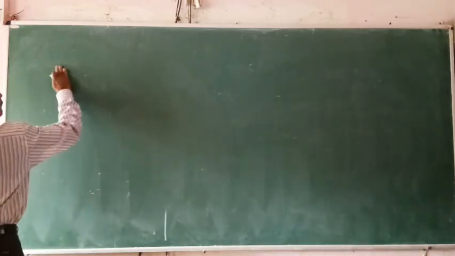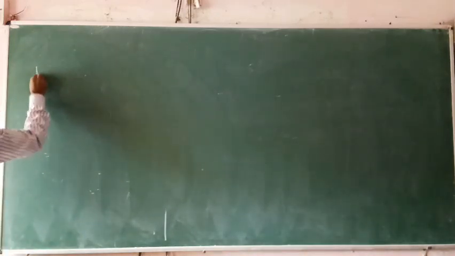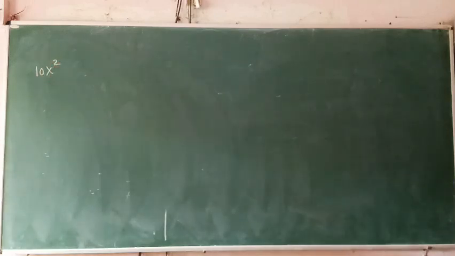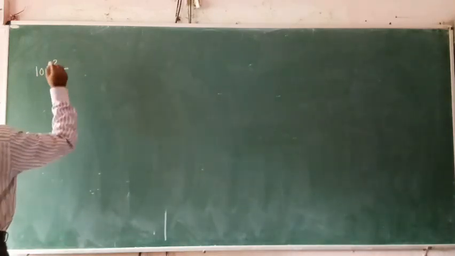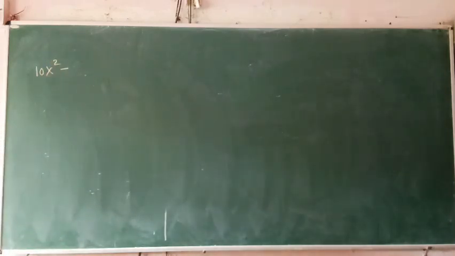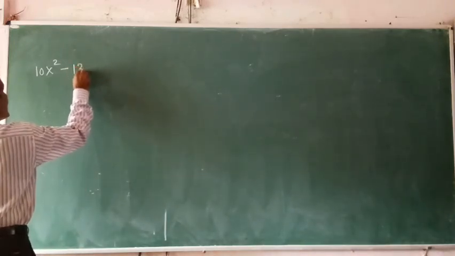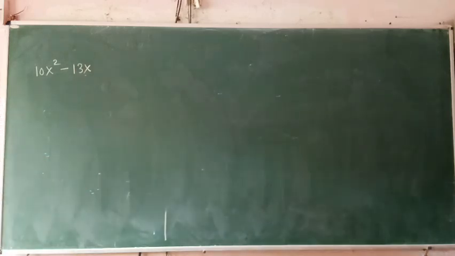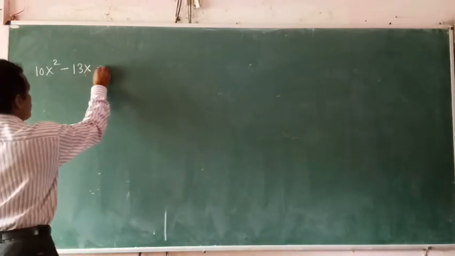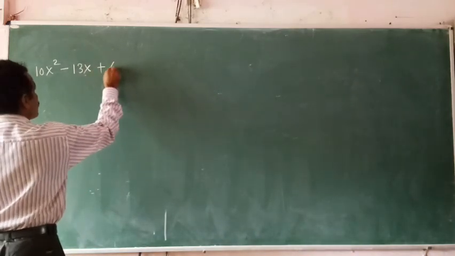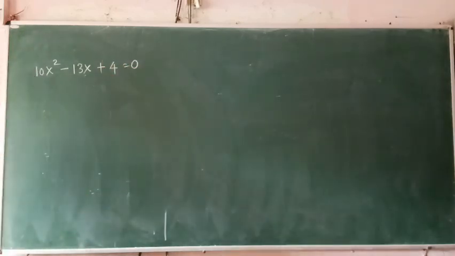Let me take, say, 10x square minus 13x plus 4 is equal to 0.